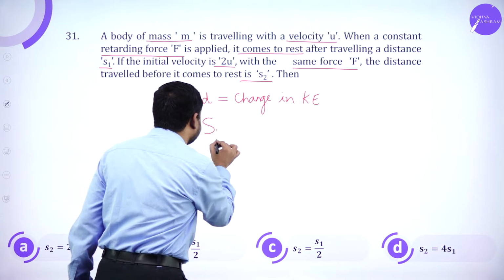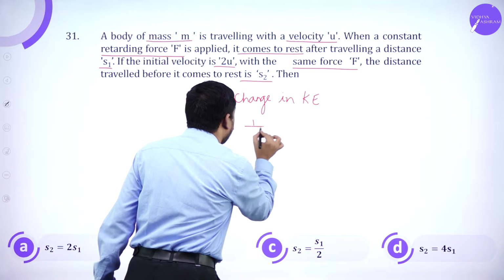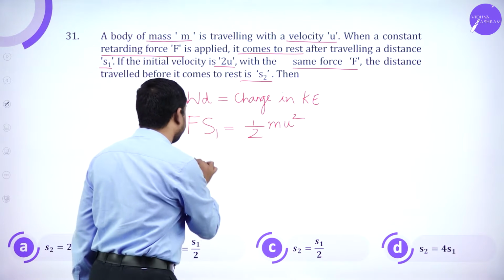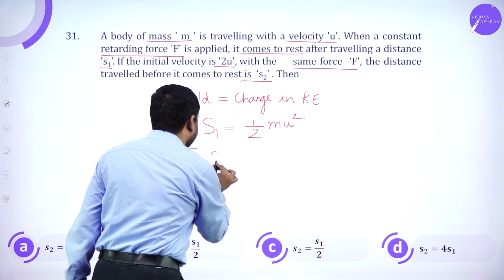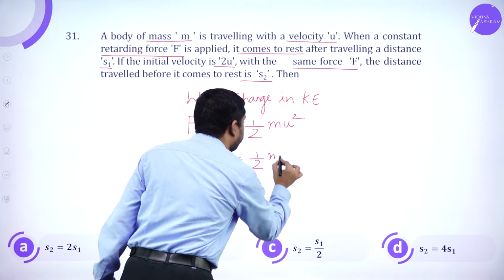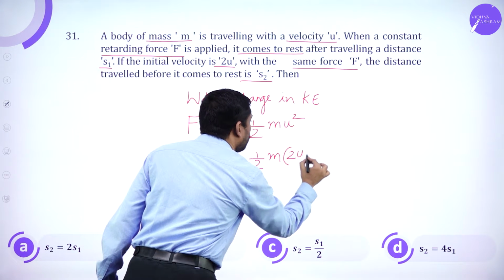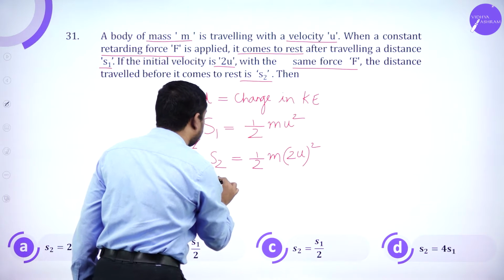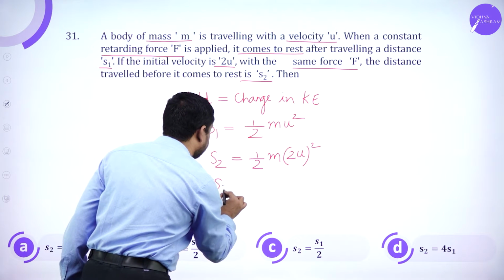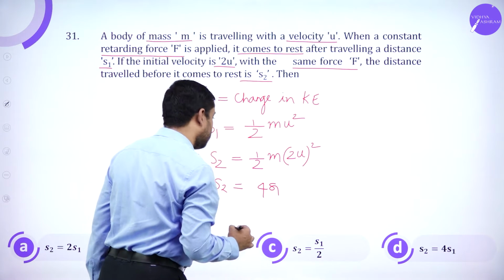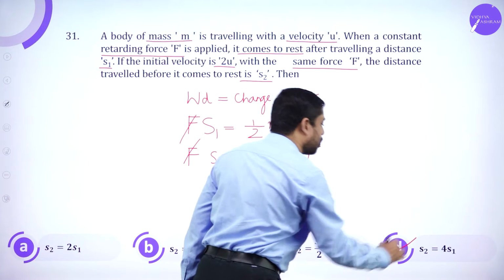So, in the initial case, F s1 equals half m, velocity is u square. F s2 is half m, now this is 2u square. So F gets cancelled. So s2 is 4 s1. So the answer is s2 is 4 s1.